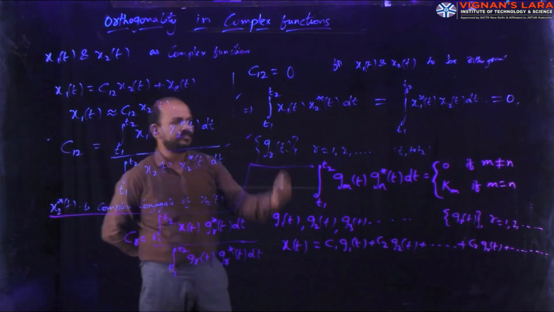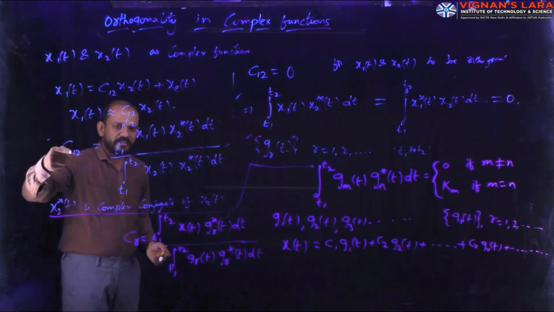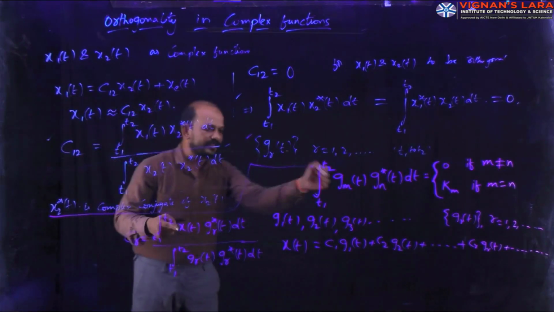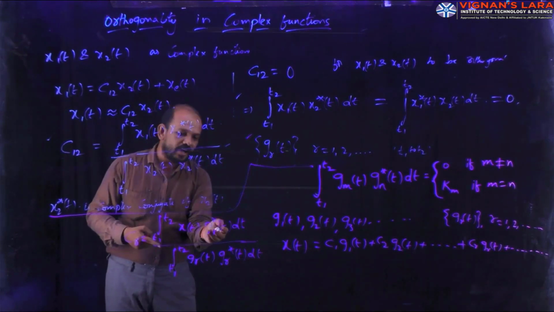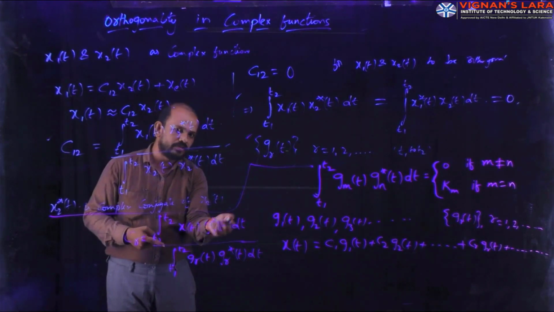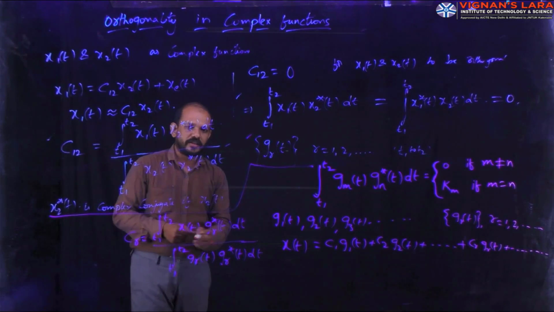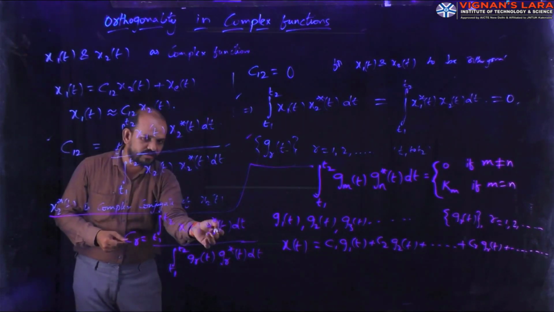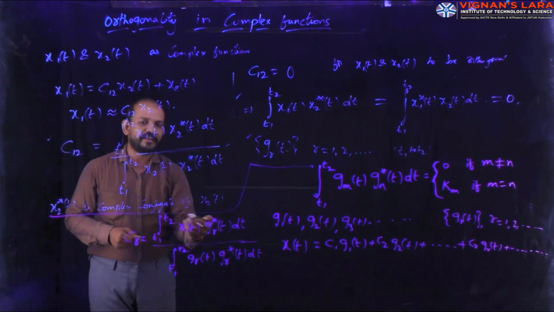In the same way, generally if two signals, the constant is x1 of t into x2 star of t. Here I am approximating the signal x of t, so I can take r value 1, 2, 3, whatever it may be.